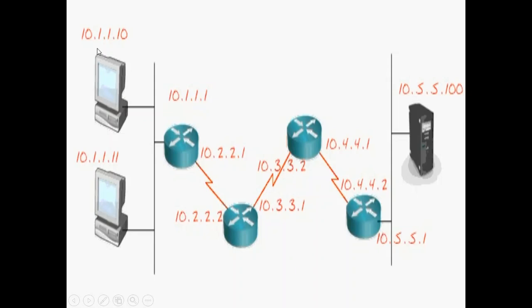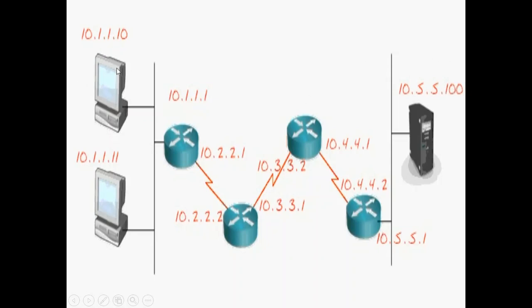Now, what happens though if Bob here decides to ping 10.5.5.100? In the internal network, the packet is going to look for 10.5.5.100, and it would realize that its internal network doesn't have that number, because 10.1 is the network portion of this network, but 10.5 is not in this network at all. It's a whole different subnet entirely.